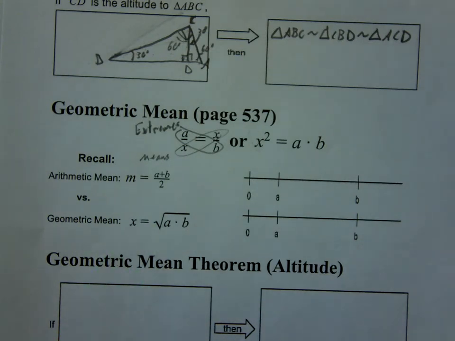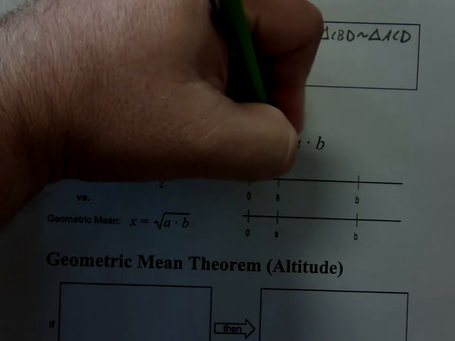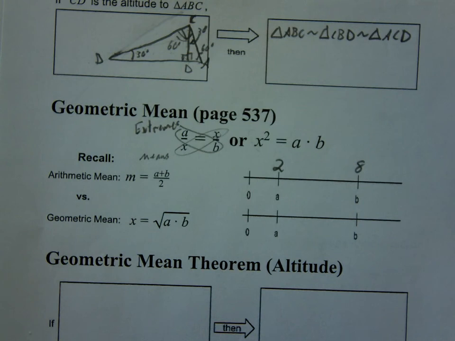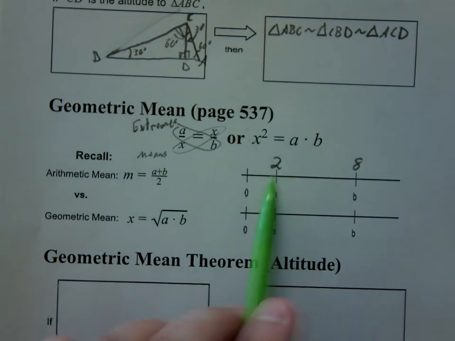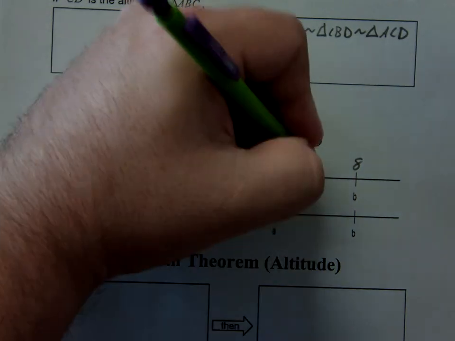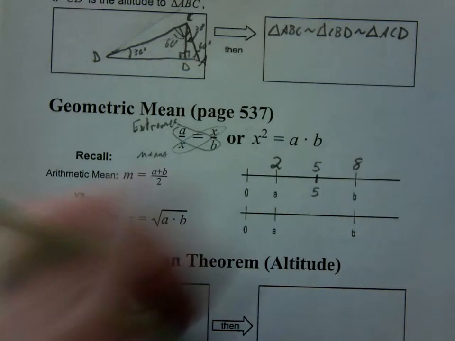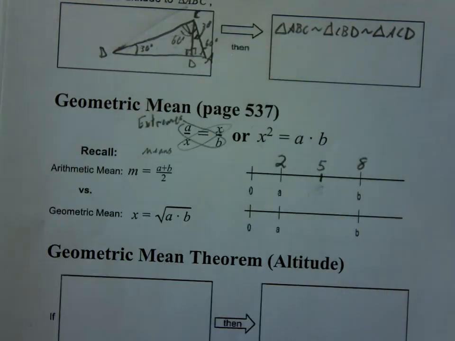To demonstrate this, I'm going to put two numbers here on our number line, and we're going to find the arithmetic mean of 2 and 8. So if I add 2 and 8, I get 10. Divide that by 2, and I end up with the value 5. So I'll put 5 up here. Now, here's what's so interesting about the number 5.